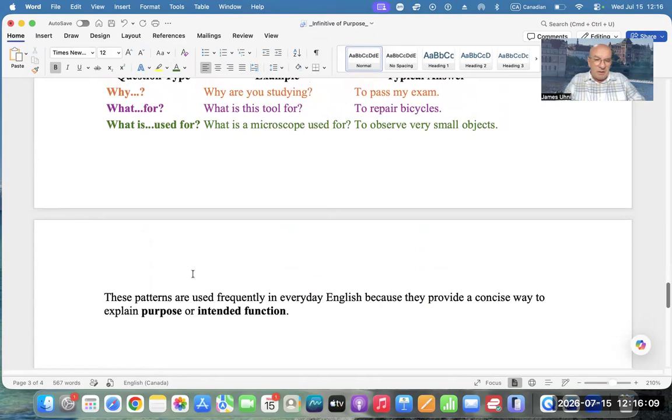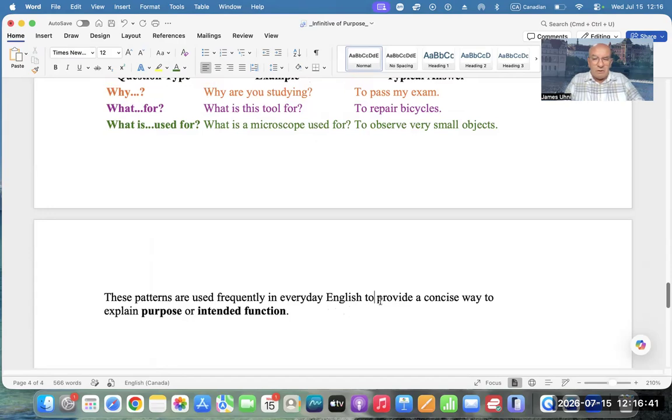And these patterns are used frequently in everyday English because they provide a concise way to explain purpose or intended function, wanted function.